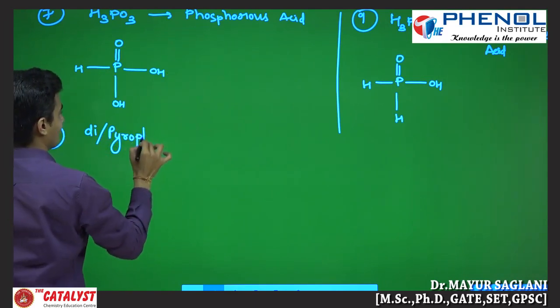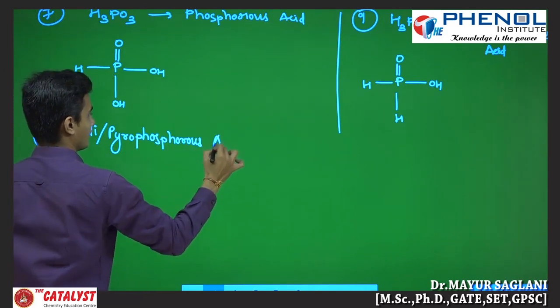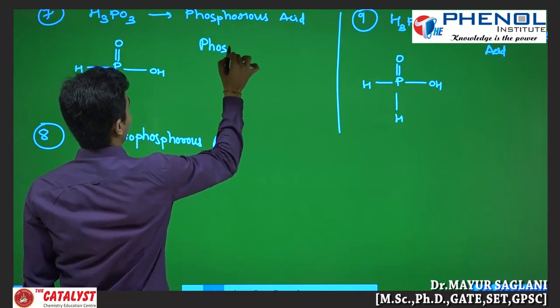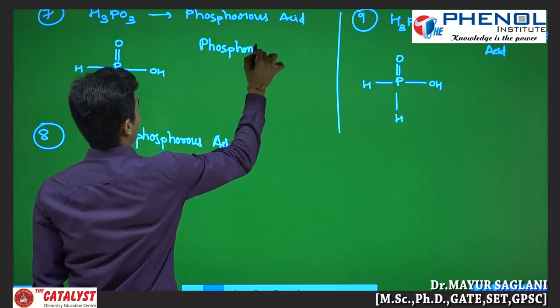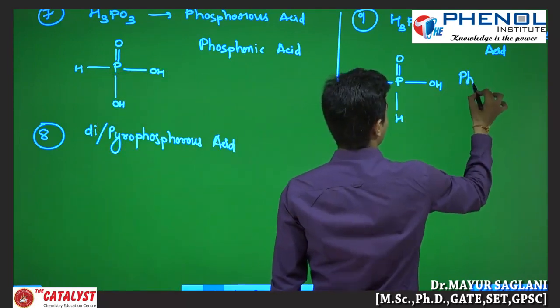pyrophosphorus acid. We can write here phosphonic acid, and here you can write phosphinic acid.